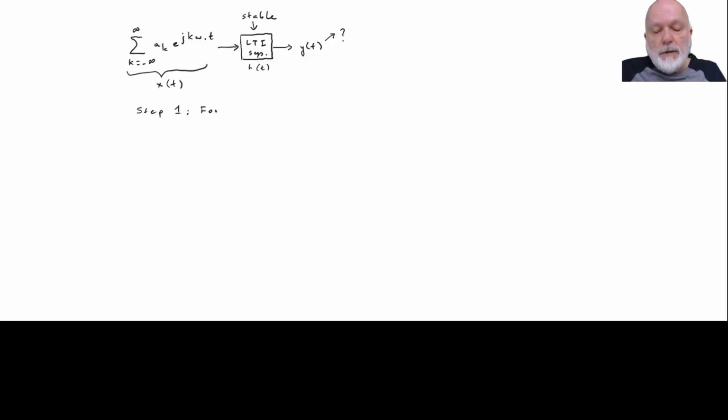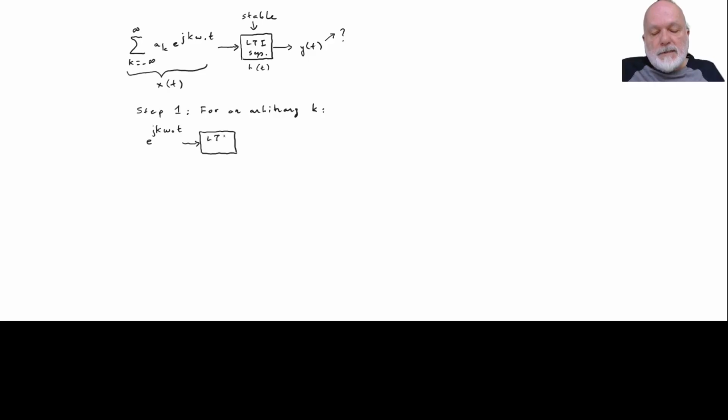So our first step is the following. For an arbitrary k, let us consider the following problem. The input signal of our system is e to the j k omega 0 t.